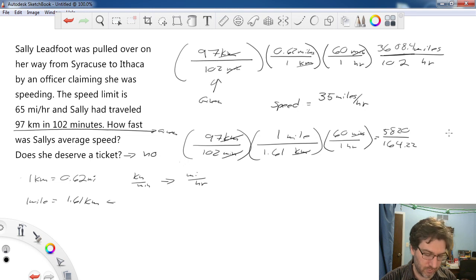We're getting approximately 35.4 miles per hour, which is pretty close. Again, these are technically approximations. They are not actually equal because you're going between different systems.